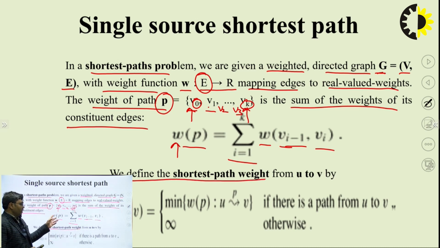If we have found all the path weights, we have to find the shortest path between u and v. It means we have to find the minimum of W(P), which we have measured here.